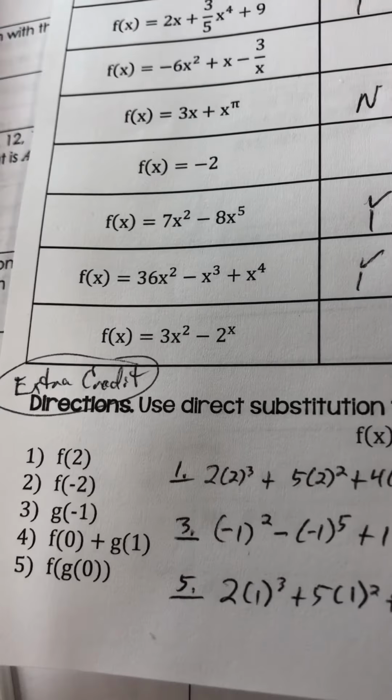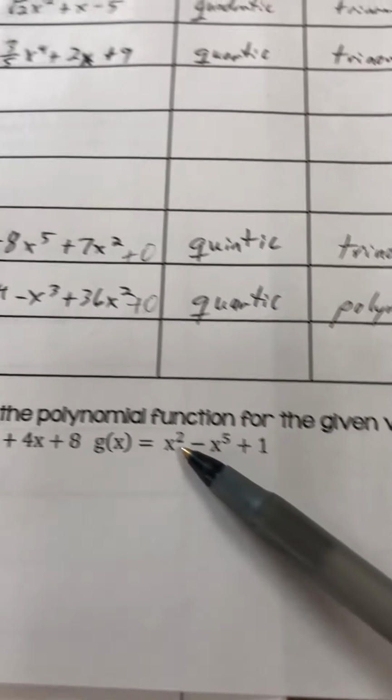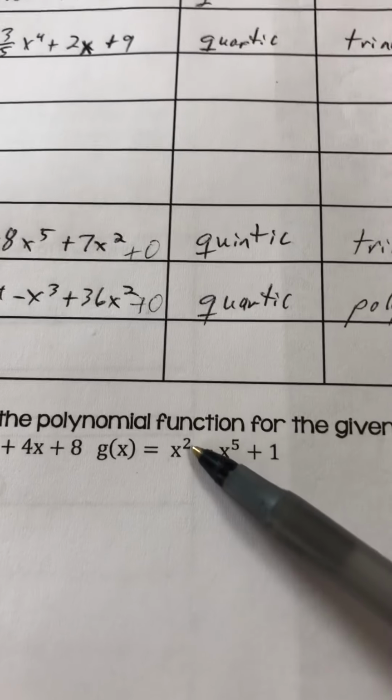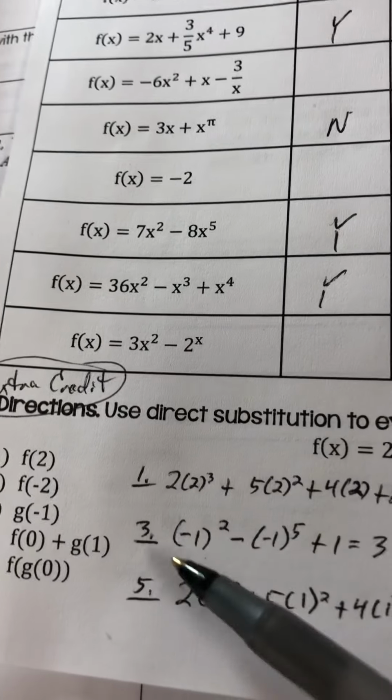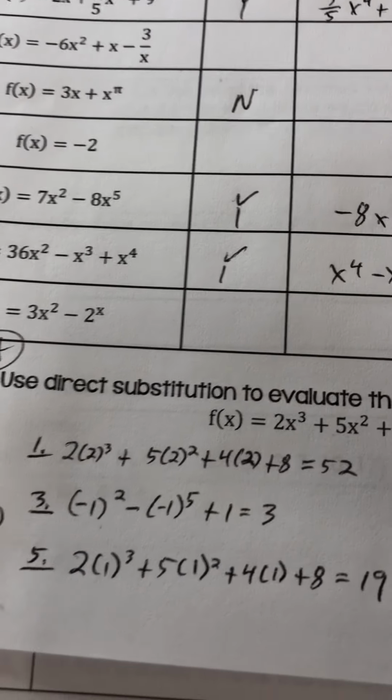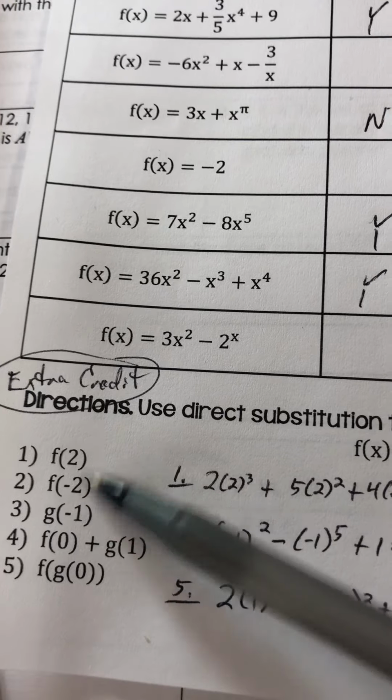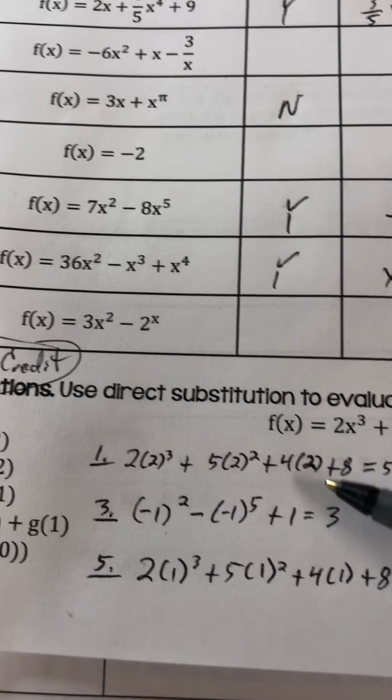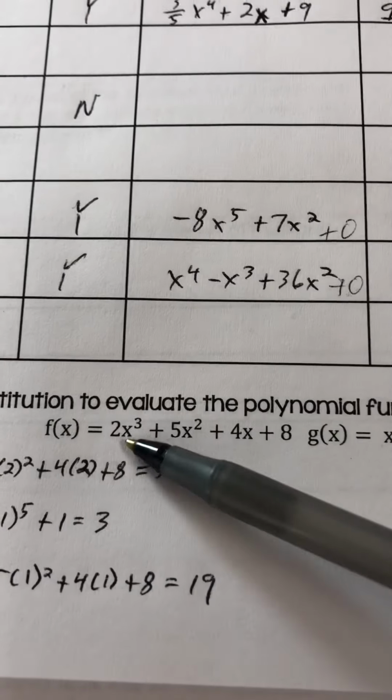For number 3, go to the g equation, and for x, put in -1, and then just work it out. Just type it in your calculator the way it looks. Real easy. For number 2, change all those x's to -2 and just work it out on your calculator.